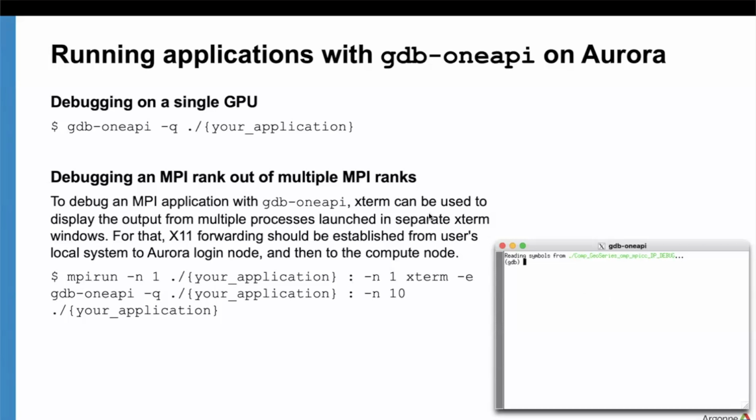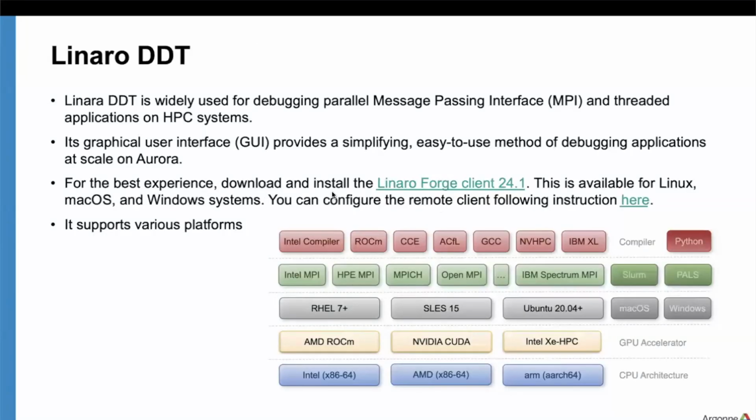But honestly, this is not a really user-friendly environment for debugging MPI applications, right? For that reason, we want to use a better, more user-friendly debugger, and we support Linaro DDT. Linaro DDT is widely used for debugging parallel MPI and threaded applications on HPC systems.